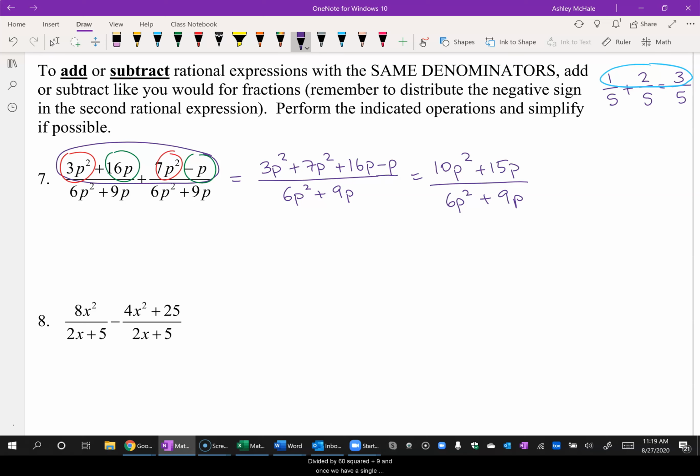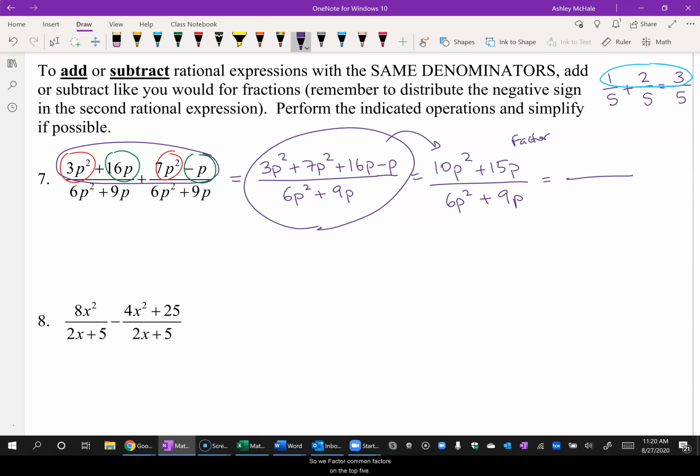And once we have a single fraction after adding them, we want to try to simplify. So notice the pattern. Combine the two fractions into one fraction, combine the like terms to get a simpler fraction, and now factor it.